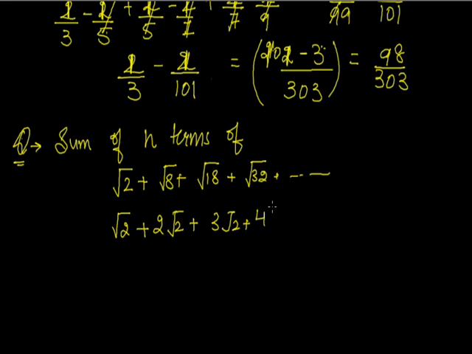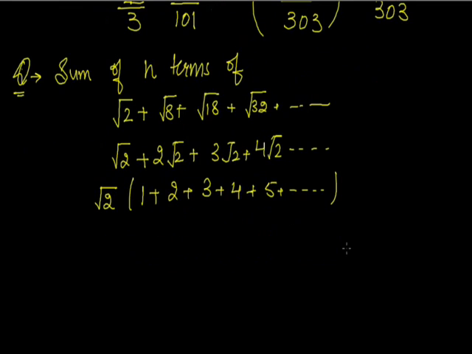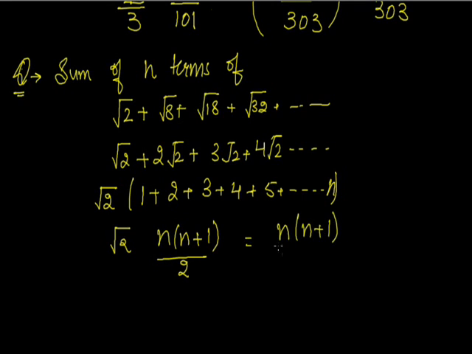This can be written as 4 root 2 and so on. In this, what we conclude is root 2 is common in each term. So it becomes root 2 into 1 plus 2 plus 3 plus 4 plus so on. And we know these are the n natural numbers, and the sum of n natural numbers is always equal to n into n plus 1 by 2. So final answer is n into n plus 1 by root 2.